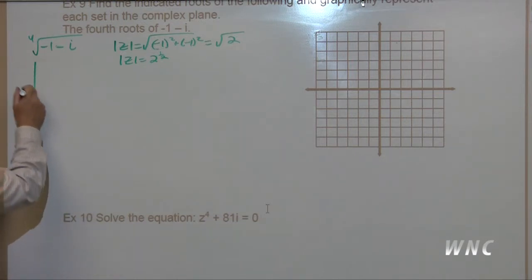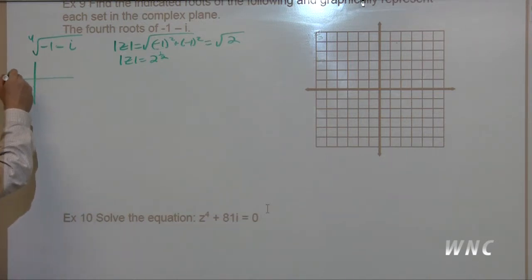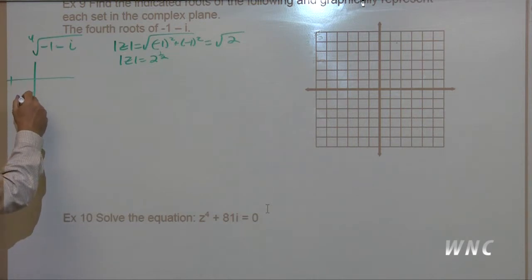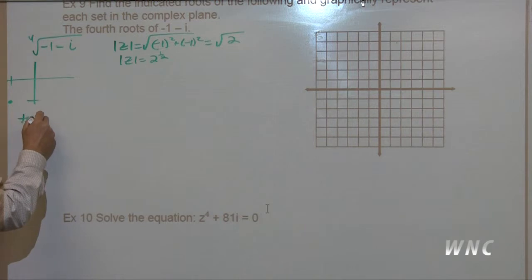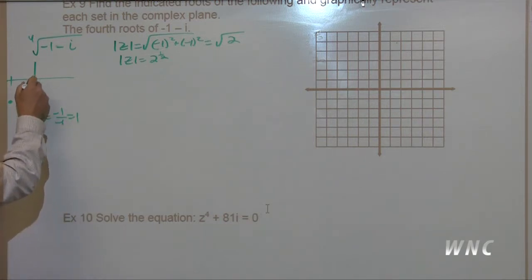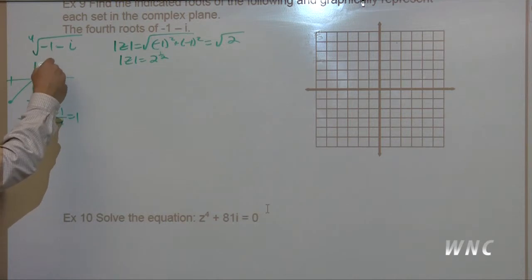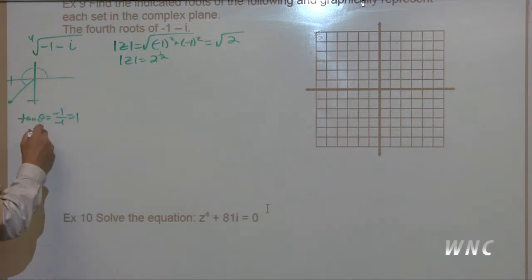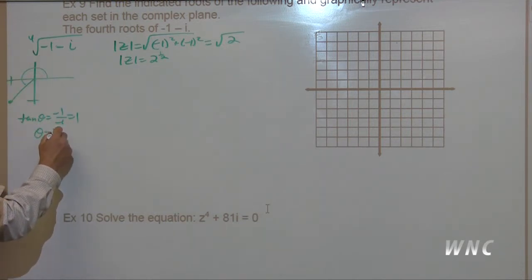Let's talk about this location. Negative 1 for the real, negative 1 for the complex, so it's down here. Tangent of theta is negative 1 over negative 1, which is 1. And normally we think that is pi over 4, but given this quadrant, theta must be 5 pi over 4, excuse me, not 3 pi over 4.